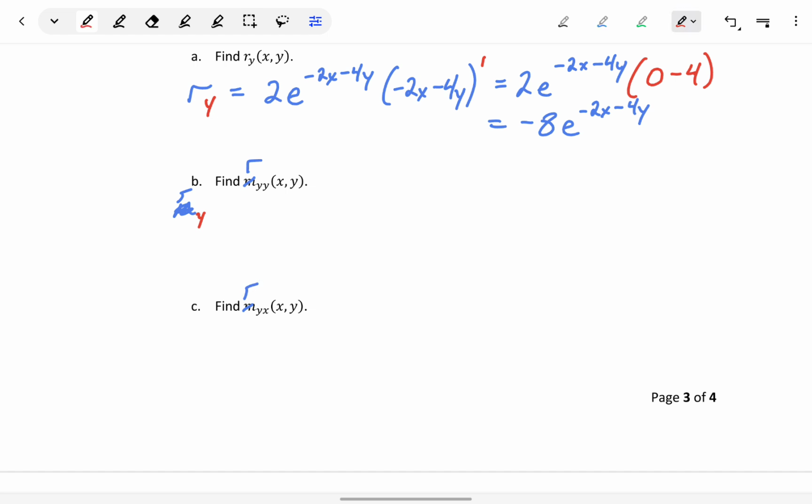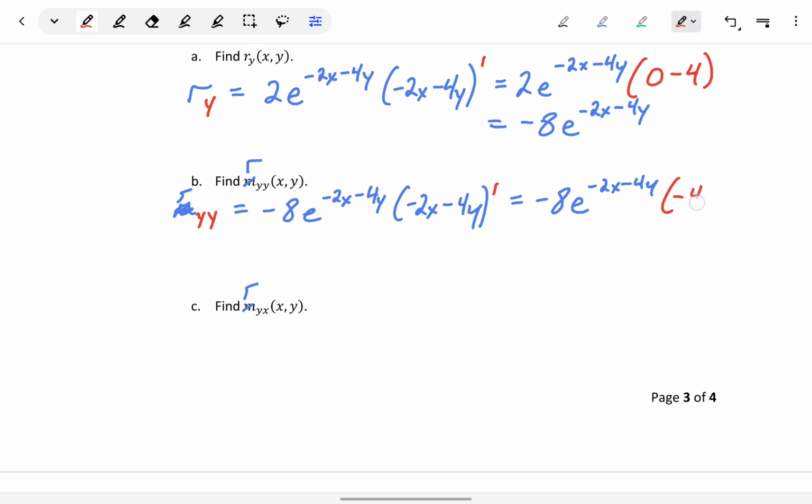So we're taking the first derivative with respect to y, meaning we're taking that result from part A, and now taking the second derivative with respect to y, and that derivative will be negative 8 e to the negative 2x minus 4y times, again, the derivative of that interior function, and again with respect to y, meaning we'll get negative 8 e to the negative 2x minus 4y, that portion unchanged, and the derivative of that interior function will again be negative 4, giving us a result of positive 32 e to the negative 2x minus 4y.